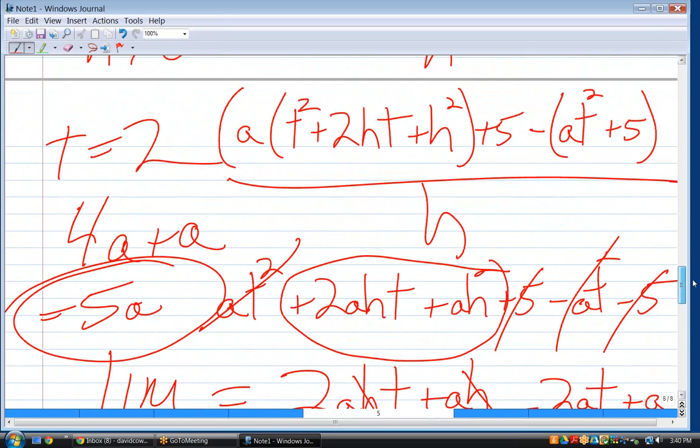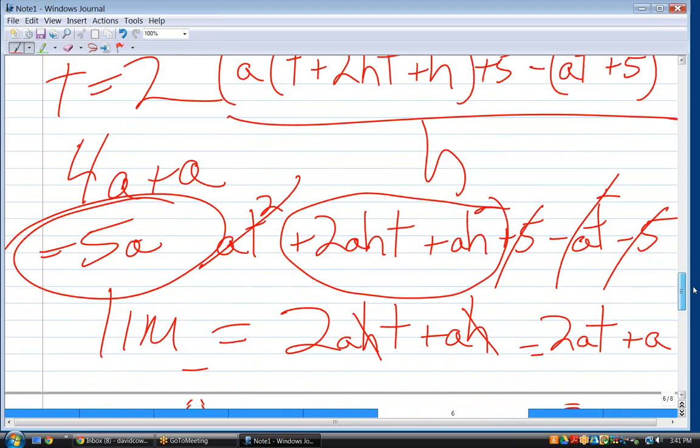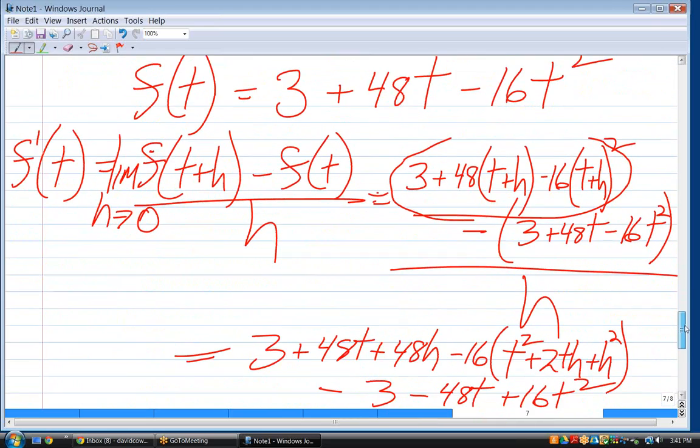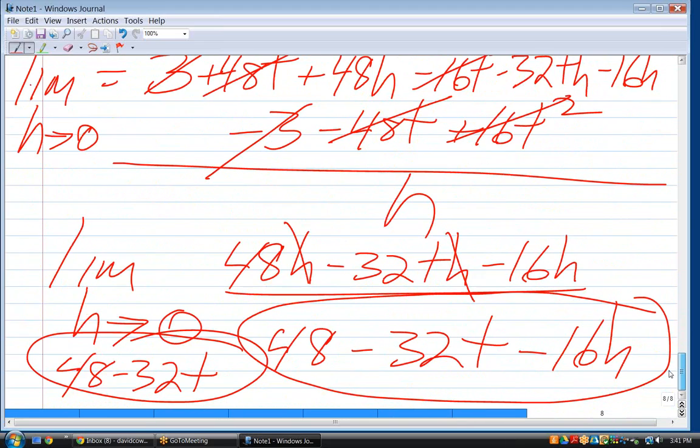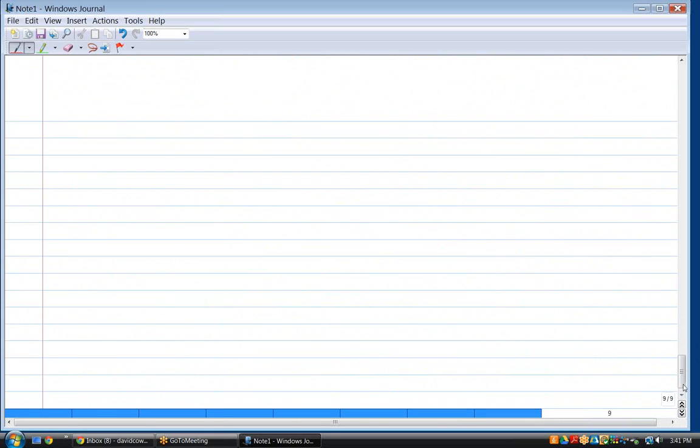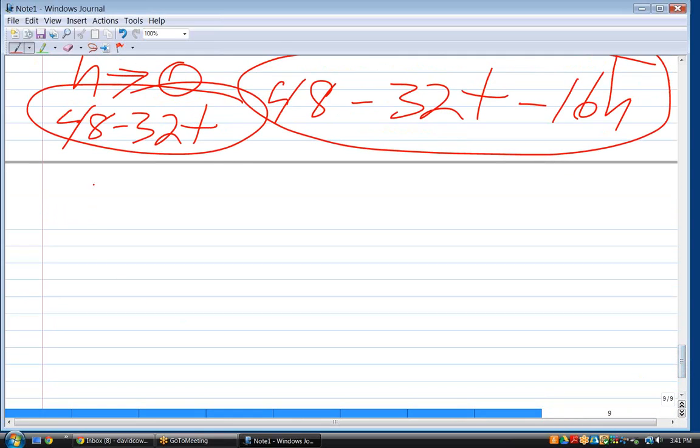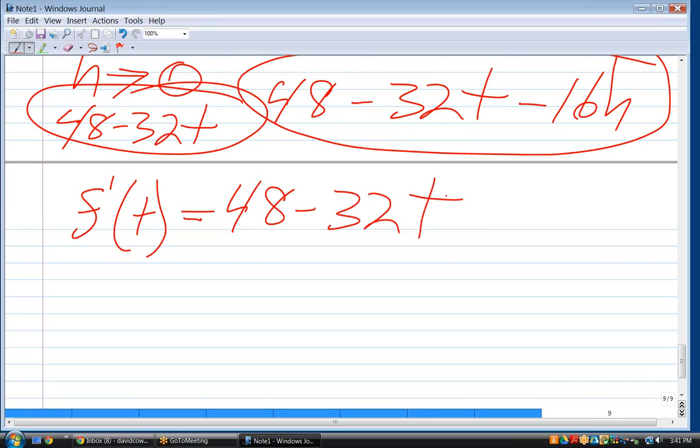When t is... 2? No, it said what the function, the f with the little 1 on. Okay, so they didn't even ask you to evaluate it. In other words, f prime of t is equal to 48 minus 32t.